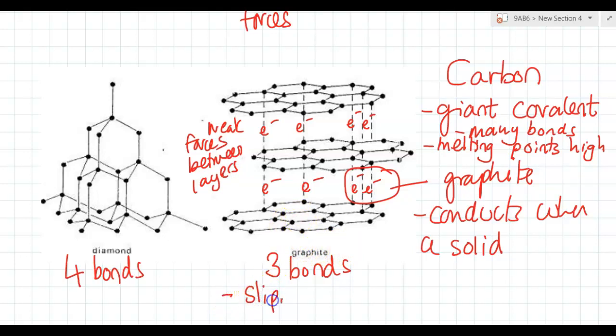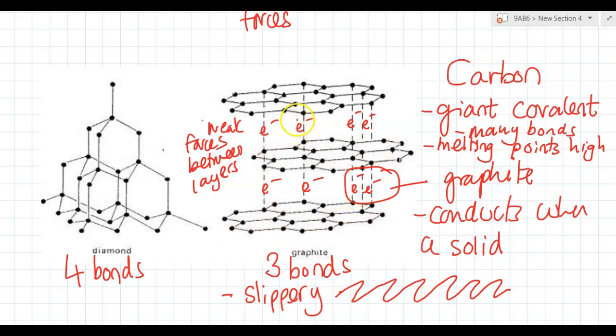Okay, so graphite is in your pencil. When you write with your pencil, the pencil slides across the page, and as it slides across the page, these weak forces between the layers of the graphite are easy to overcome, and the layers of graphite are left behind on your page.